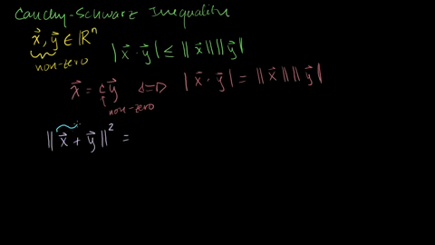This right here, x plus y, I know it looks like two vectors, but it's two vectors added to each other, so it's really a vector. X plus y is a real vector. I could graph x plus y. So the length of x plus y squared, I can rewrite as the dot product of that vector with itself. So x plus y dot x plus y.